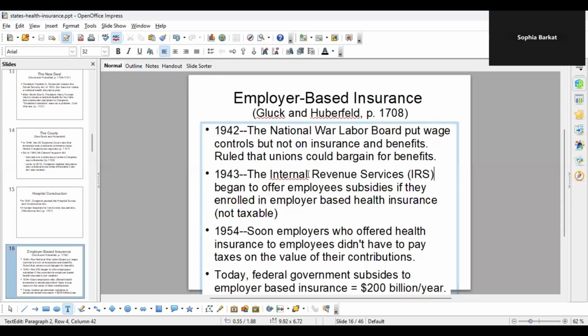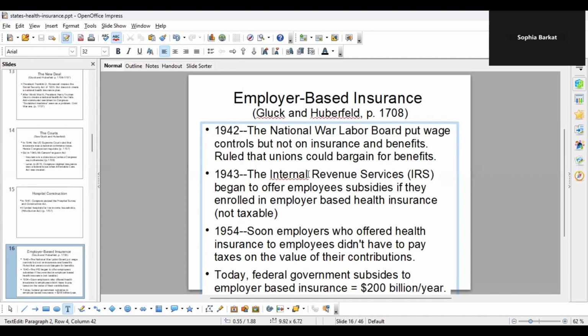It began to offer employees subsidies, meaning tax breaks, right? If they enrolled in employer-based health insurance. So if your company that you work for was offering you the option of signing up for health insurance through the employer, then you would get tax cuts for signing up with those plans.